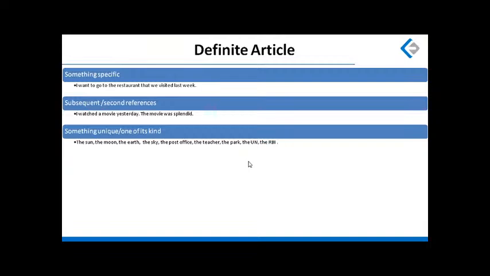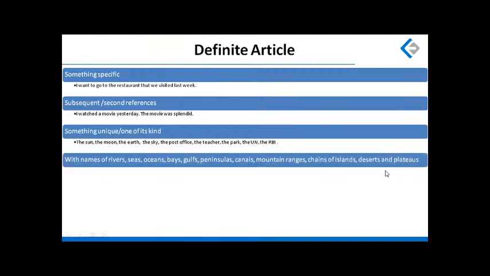Something unique, one of its kind. Sun, moon, earth, sky, post office, teacher, park, United Nations, Reserve Bank of India, all of these will take the definite article. In fact, for a lot of countries, that is coming shortly. Names of rivers, seas, oceans, bays, gulfs.